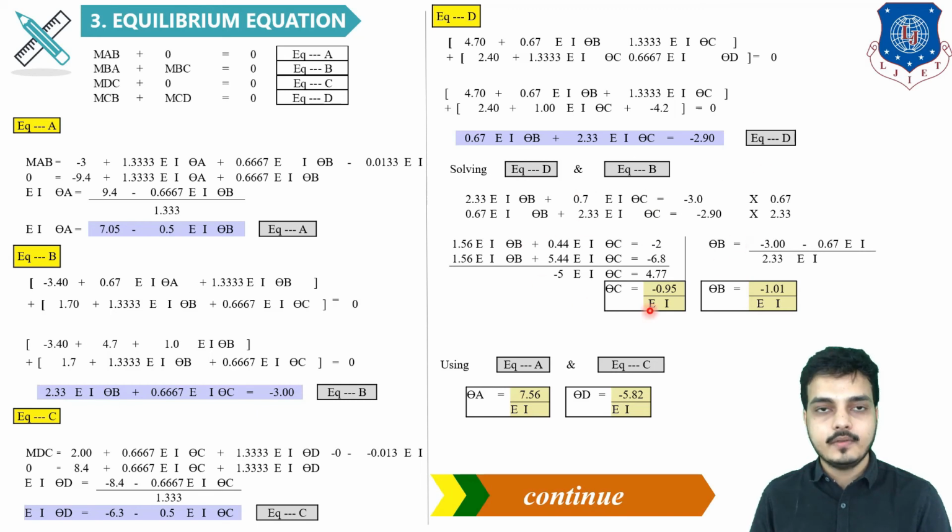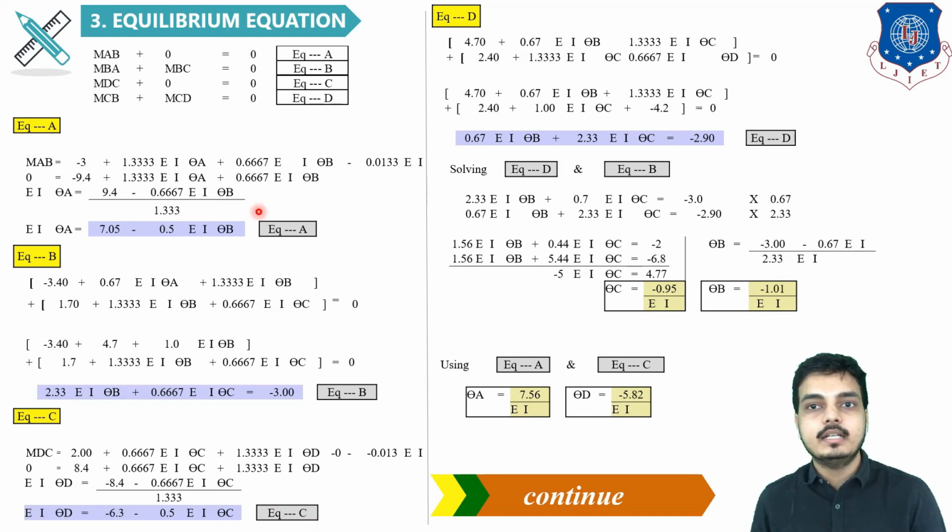After solving it by the simplification method which we did earlier, I'll be getting my theta C and theta B values. If I get the theta C value, I'll place it in equation C to get the EI theta D value. And EI theta B I will place in equation A over here, so I'll be getting my EI theta A value.